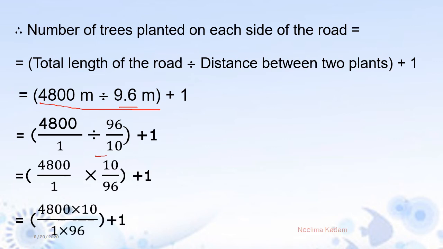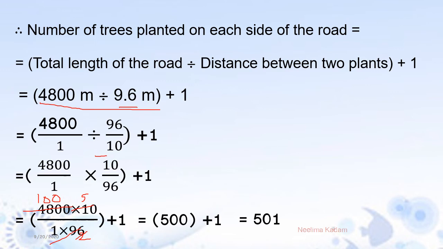So 4800 into 10 upon 96. Here 100. 48 ones are 48, 48 twos are 96, 2 ones are 2, 2 fives are 10. So that is 100 into 5 is 500.